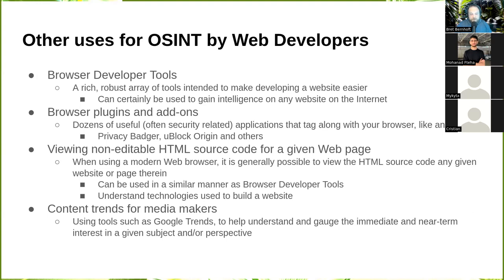Viewing non-editable HTML source code for a given web page: on Windows, and as far as I'm familiar, on a Linux machine, go to a web page, make sure it's in focus, and hit Control U. That should open a new tab with the raw non-editable HTML source code for that page, and that gives you very, very fine detail as to what you're looking at, and gives you a whole list of opportunities to learn more about how a website operates, including the services that are relied on.